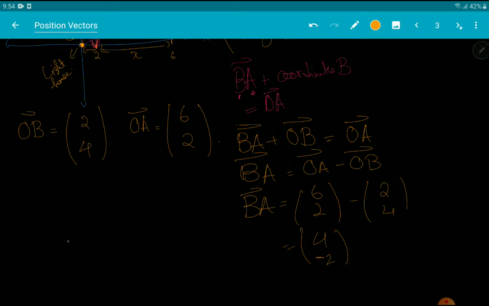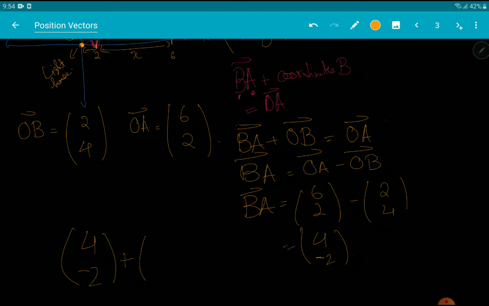But if you were to add this to the coordinates of B, that is the initial point that you're starting off from, right? The vector BA is telling you how to get from an initial point to a final point.